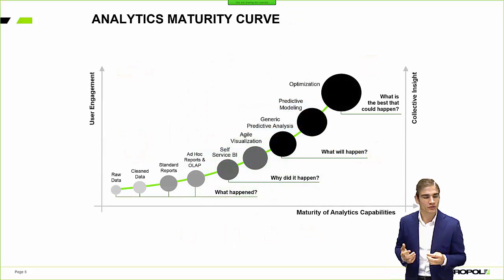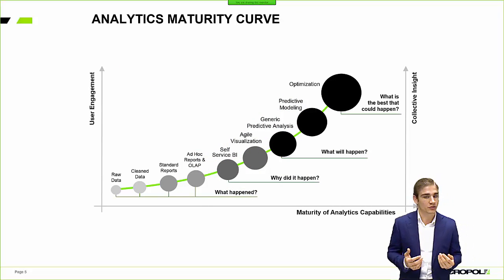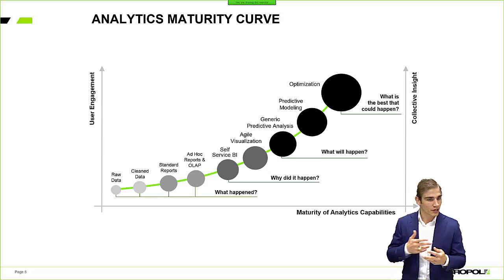So how do they work together? Well, to show how they work together, I usually use the analytics maturity curve. All of the solutions that have to do with analytics start with data. You have raw data, you clean that data, and then you can start doing some analytics. Usually what happens is people want to know first, looking backwards, what has happened in the past.